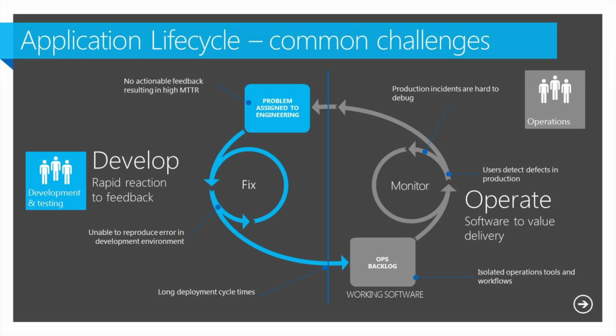So application lifecycle. I spoke earlier about ALM, application lifecycle management. Again, we can see the developers on the left and operations or operate on the right. These are basically some of the issues that you can come across with the two different teams. So you can see the isolated operations tools and workflows, so basically the ops team are looking at their own problems. They might see an alert but not know what to do with it.